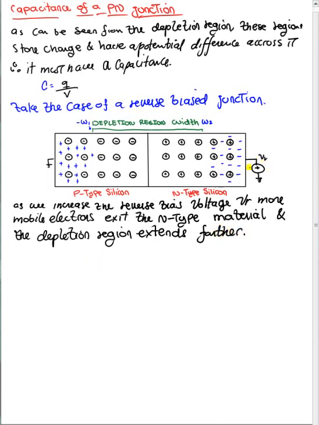We know that simply because we have a positive voltage at this side. The electrons are going to be attracted to it, so they're going to be exiting this terminal, and are going to be leaving more fixed charges behind.